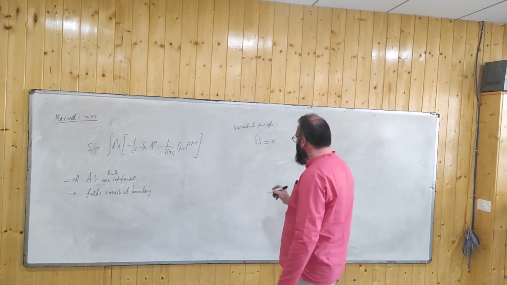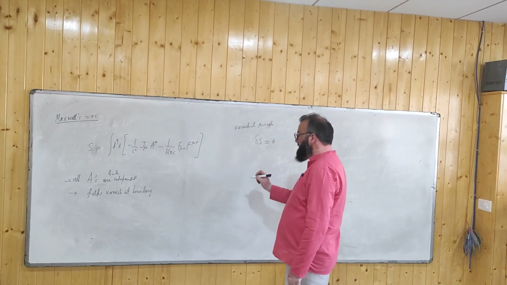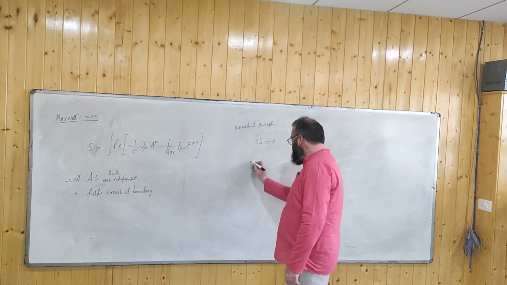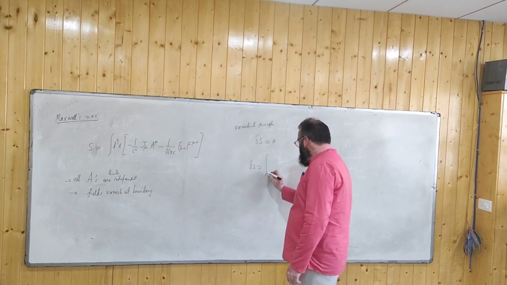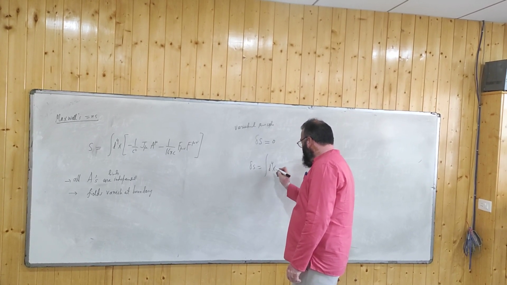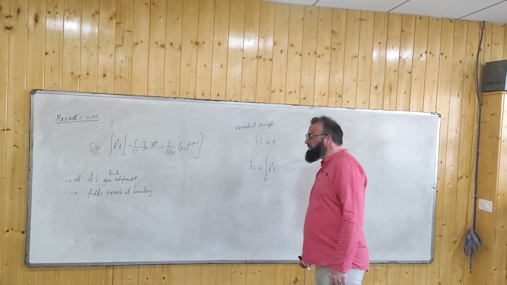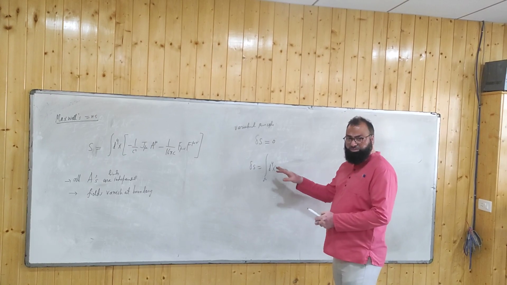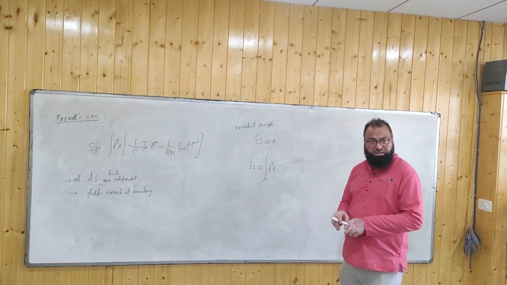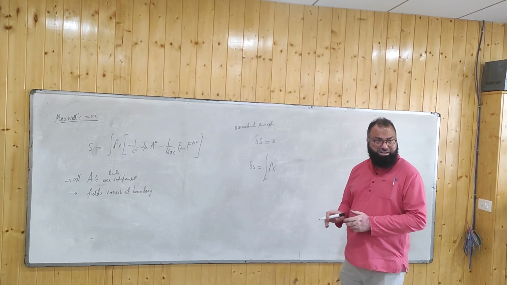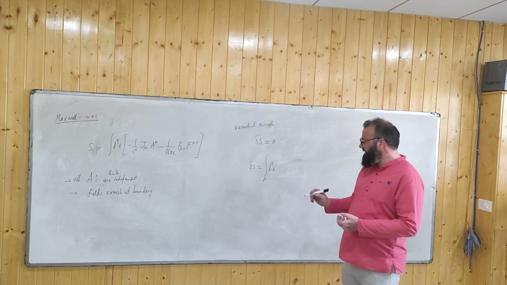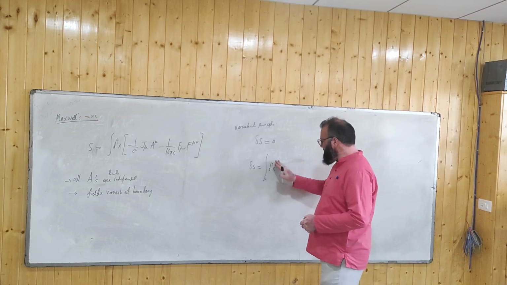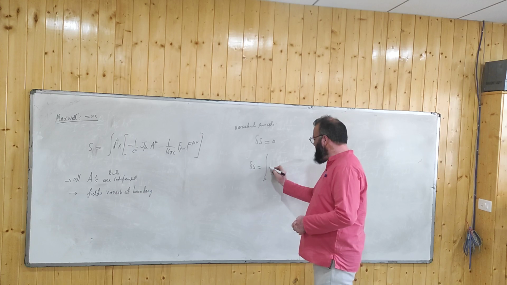Let's write. So what is our action? Let's write delta S. It will be the integral d4x over some volume omega. Instead I will write d4x as d omega, because I need to use 4 all the time.